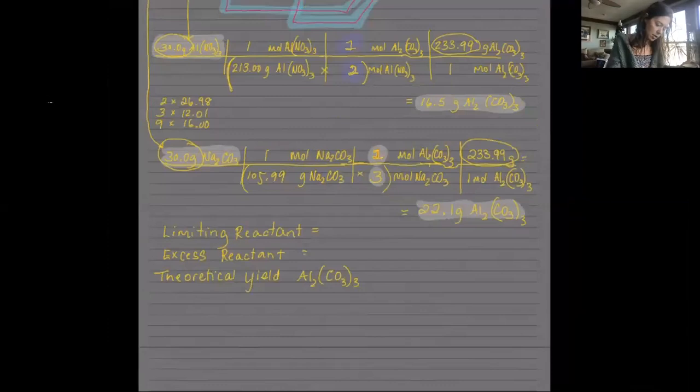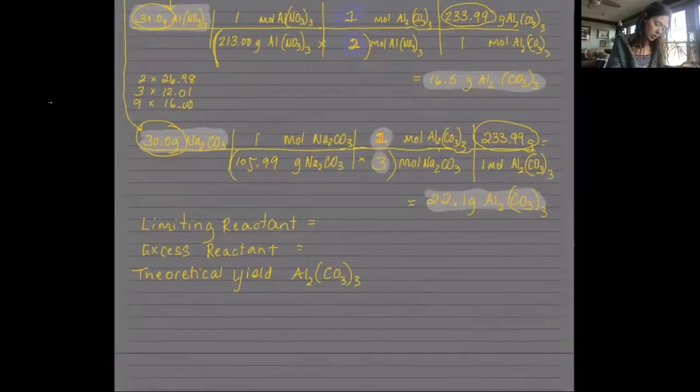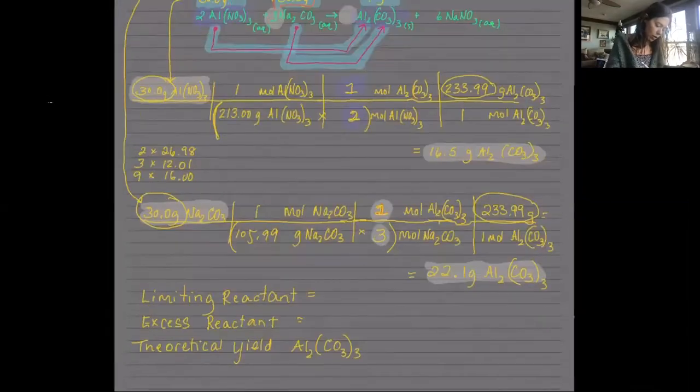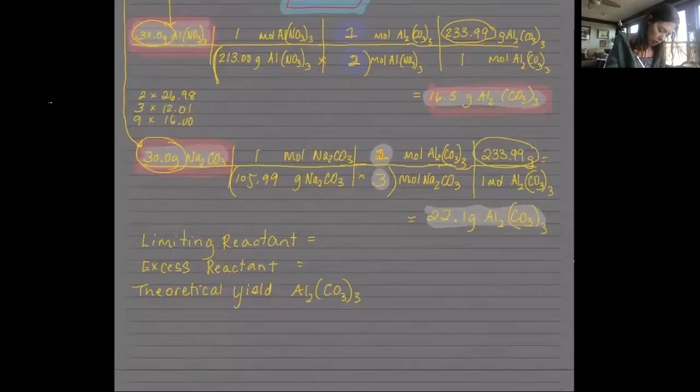Which reactants, the aluminum nitrate or the sodium carbonate, limited our product? And hopefully you picked the aluminum nitrate because it produced the lesser amount. So our limiting reactant was in fact the aluminum nitrate.